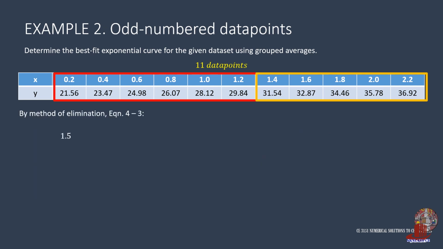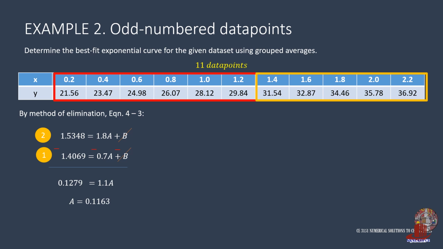With the method of elimination, subtract equation 1 from 2 to eliminate B. That is, 1.5348 minus 1.4069 is 0.1279. 1.8 minus 0.7 also gives 1.1A, where A is solved as 0.1163.